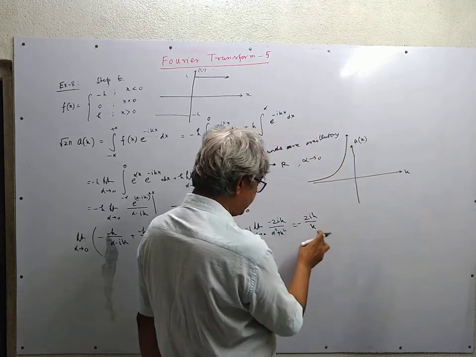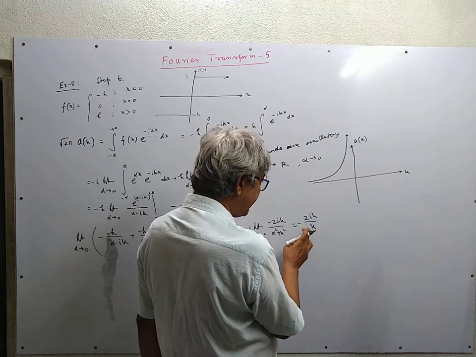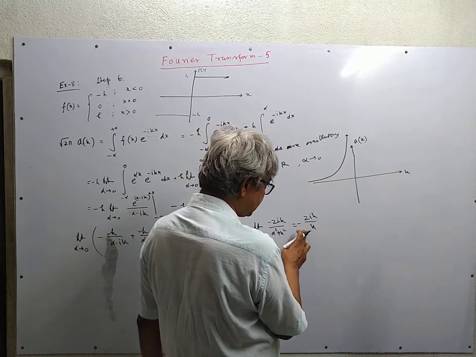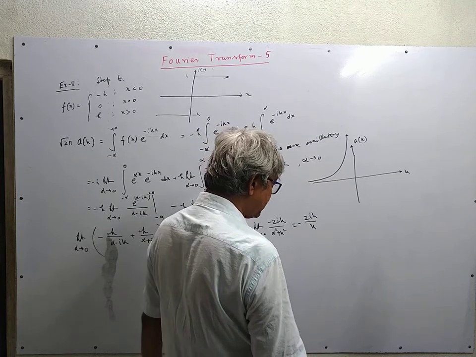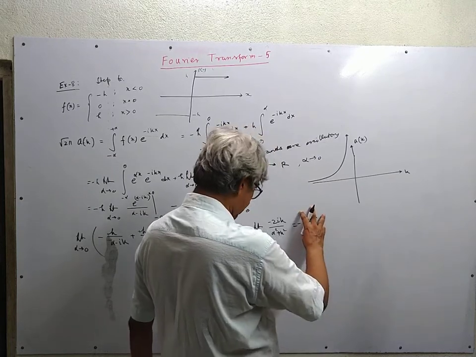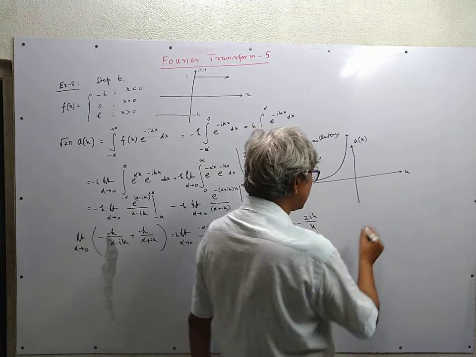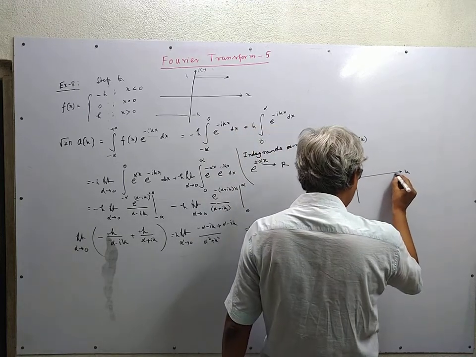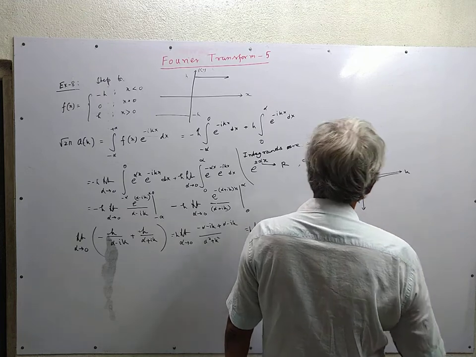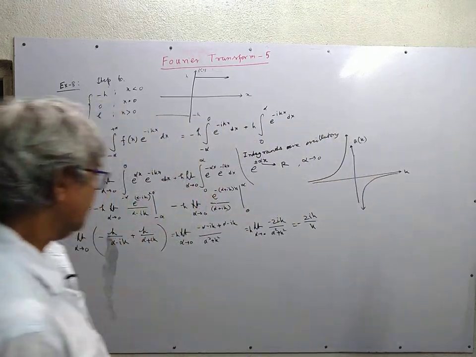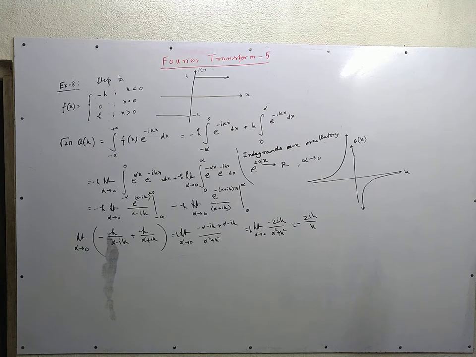For negative k, the quantity is positive and it goes to plus infinity as k is approached from the left. And when k is positive, the quantity is always negative and approaches negative infinity as k approaches 0 from the right. So this is the graph of the Fourier transform.